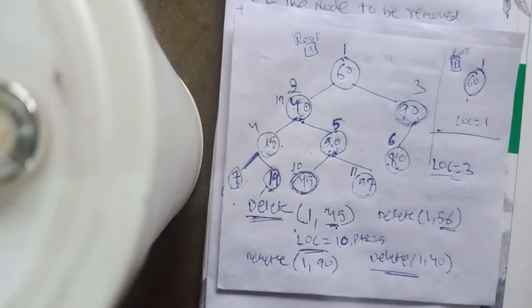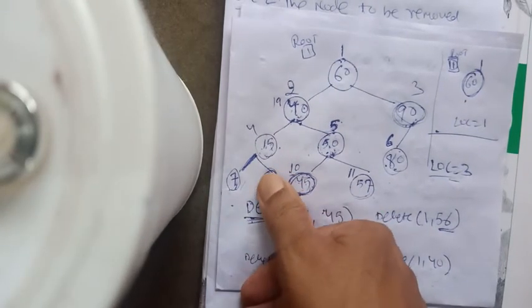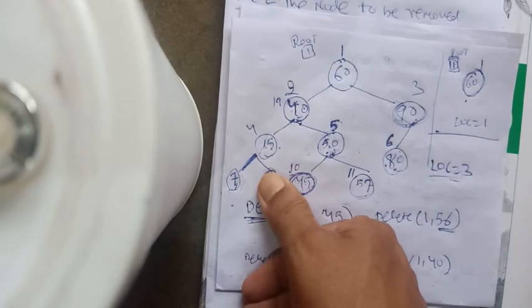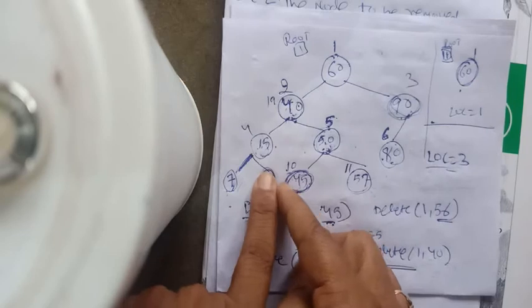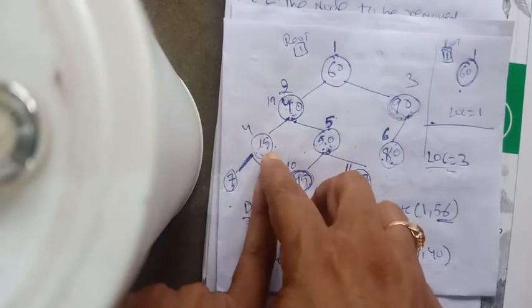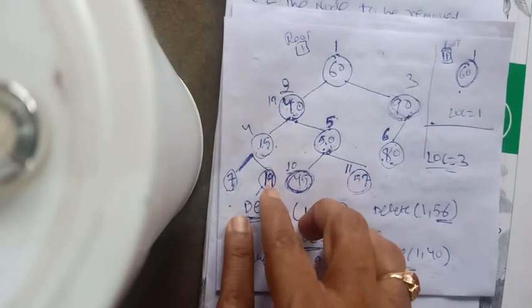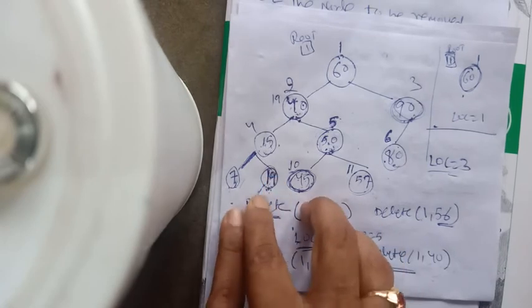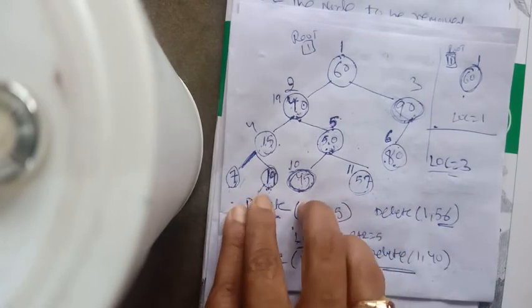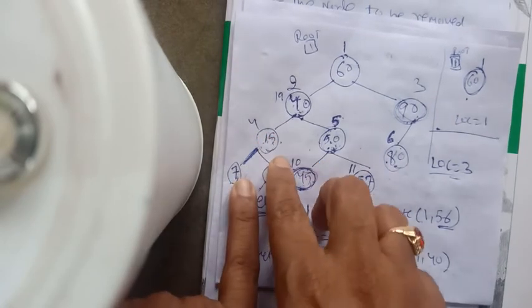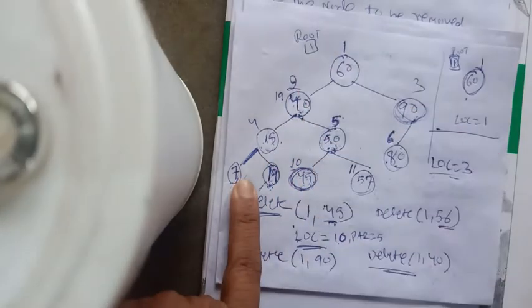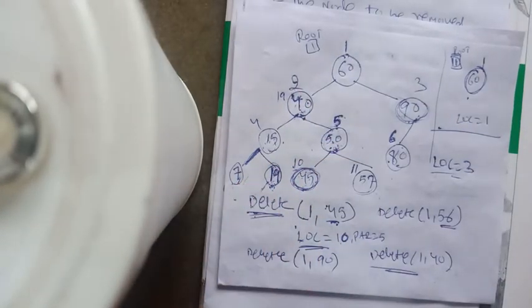Now you can simply remove this leaf node as in case 1. When a leaf node is removed, its parent should contain a null value, or if it has at most a left child, that left child of 19 will become the child of 15. So now 19 is copied here. Is that clear? This is one situation.